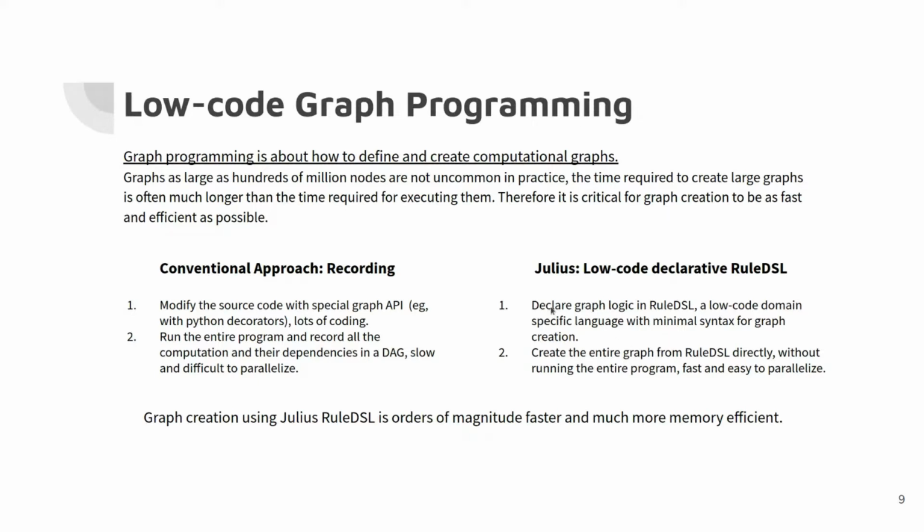Because when you do the standard recording approach, you have to run the entire program from beginning to end to generate a graph. In comparison, when we generate a graph from root DSL, that happens directly. It doesn't have any intermediate step. We don't have to run the program from beginning to end to create a graph. Therefore, graph creation using root DSL is orders of magnitude faster and much more memory efficient.